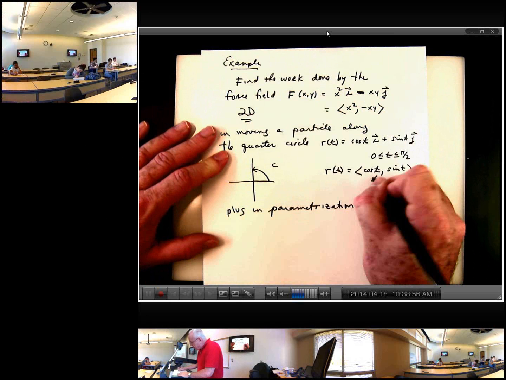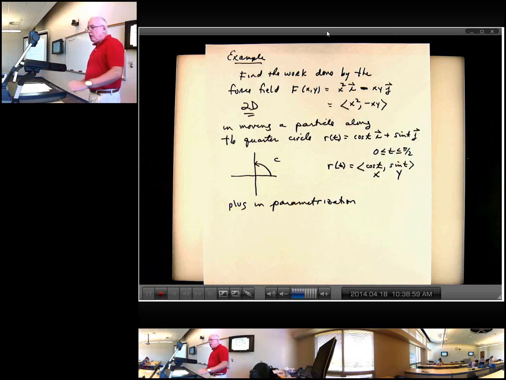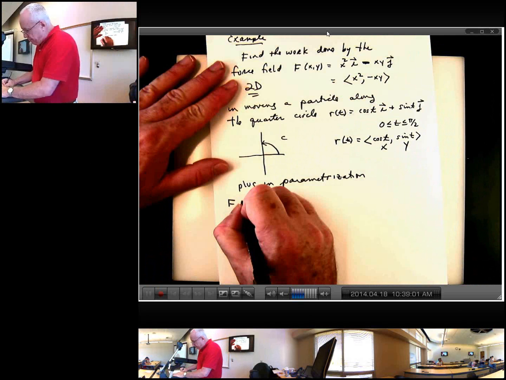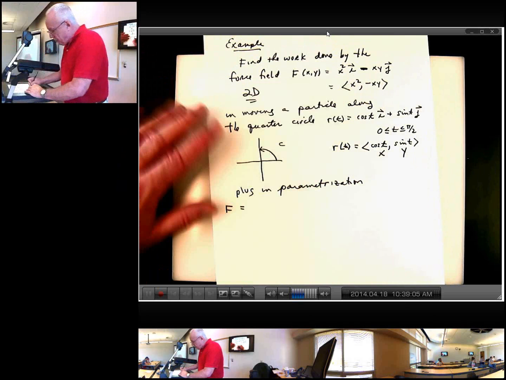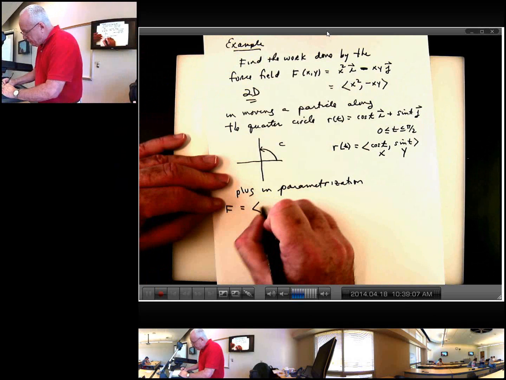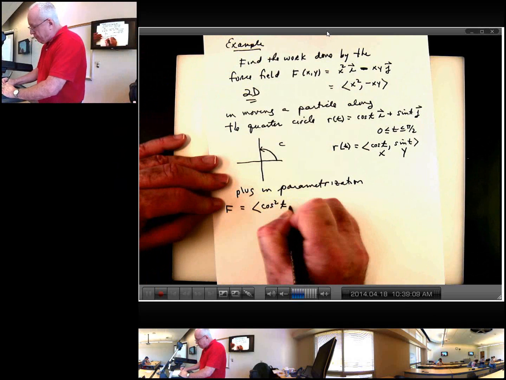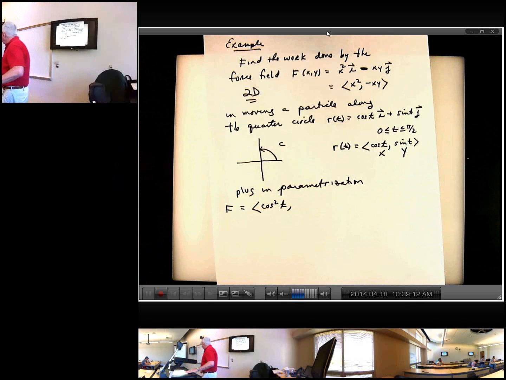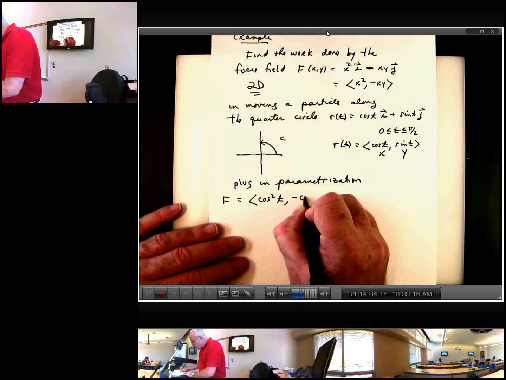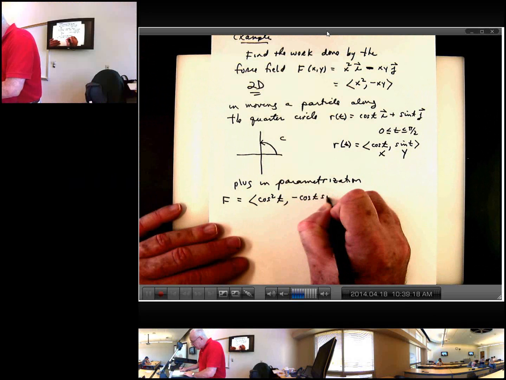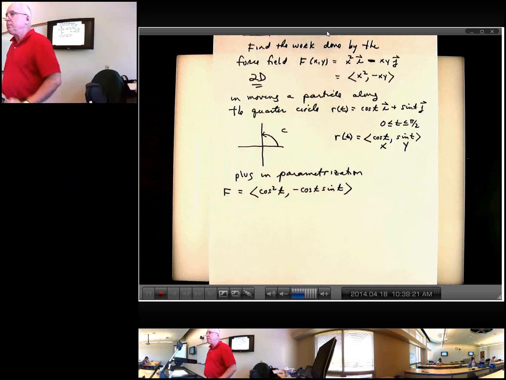Now this is our x and that's our y. So therefore our F is going to be what? First of all, it's x squared, so the first component is going to be cosine squared of t. And then it's minus xy, so that's going to be minus cosine of t times the sine of t. So we need to plug those in.